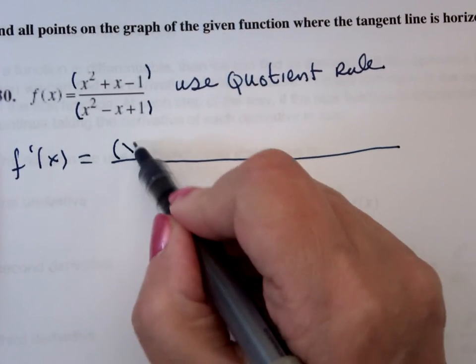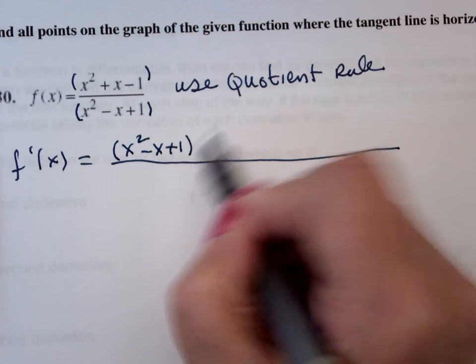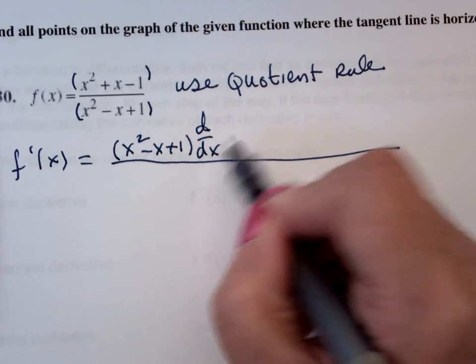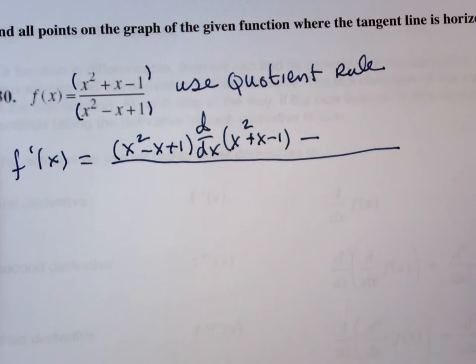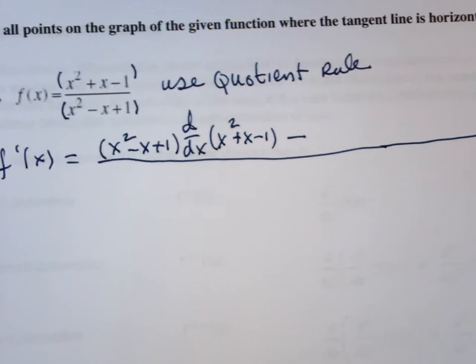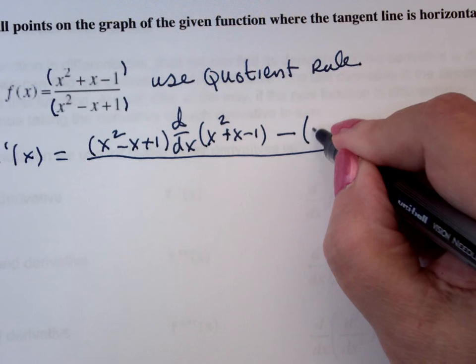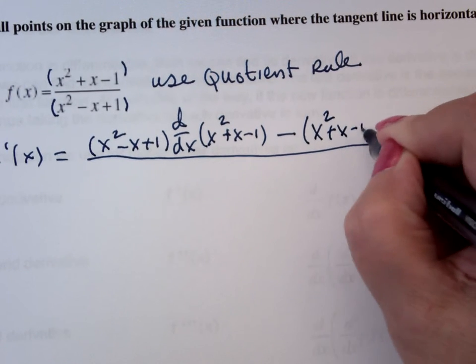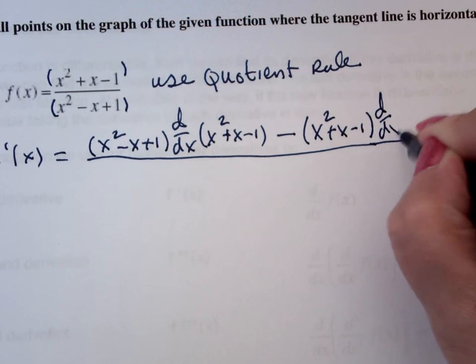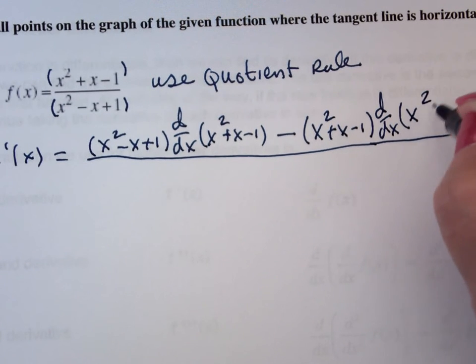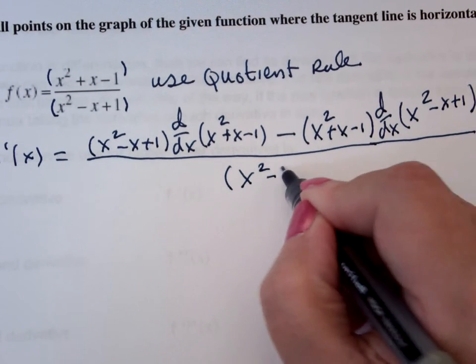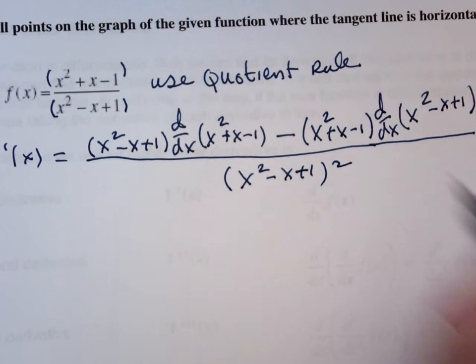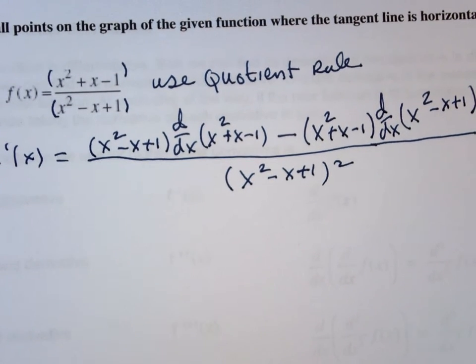Bring the denominator up, times the derivative of the numerator, minus the numerator, times the derivative of the denominator, all over the denominator squared. Bring the denominator up times the derivative of the numerator minus the numerator times the derivative of the denominator all over the denominator squared.